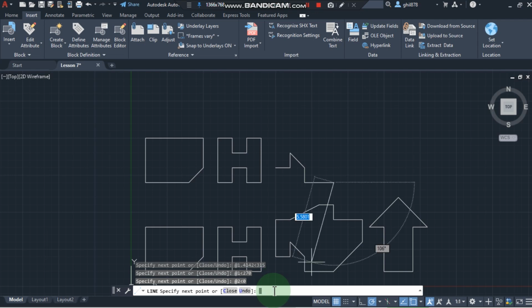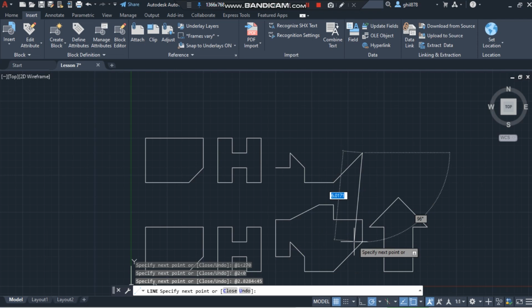So there. Then we have at 2.8284 with angle of 45 degrees to the right, 45 degrees, correct. So there.